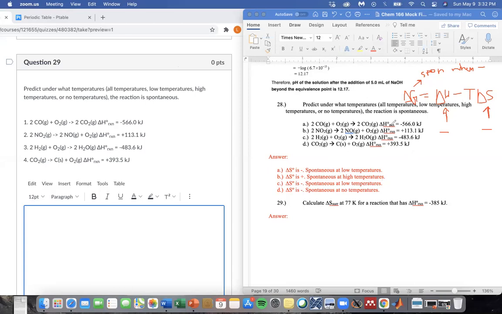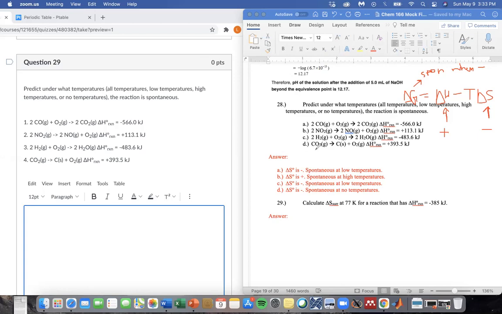And then finally, for the last one here, we have a delta H that's positive, and then we're going from 1 mole of gas to 1 mole of gas and 1 solid. So the entropy is decreasing, so delta S is going to be negative, because as you go to the other side, you're also producing a solid, which is way more ordered.